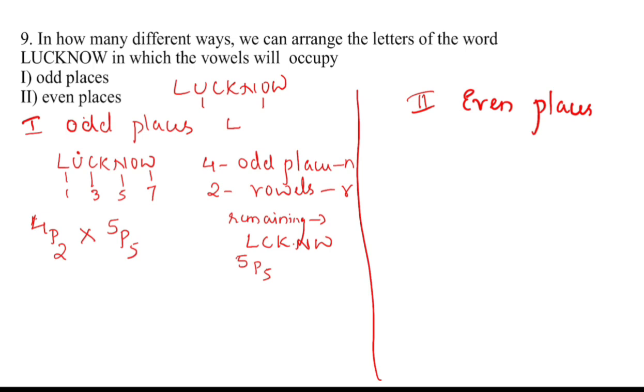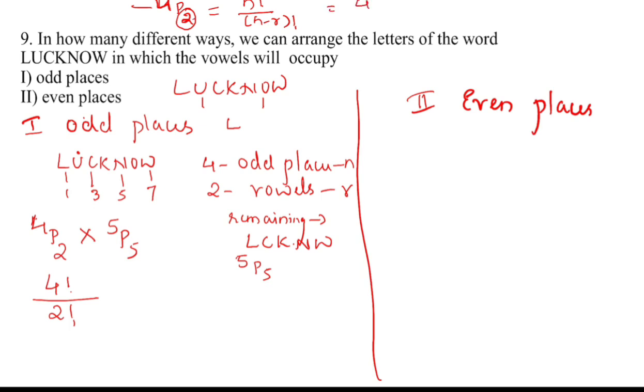So therefore 4P2 is nothing but 4 factorial divided by 2 factorial. So always remember, when we have to write this in terms of n factorial divided by n minus r factorial, whatever number is here, extend the 4 only till as many numbers as there are, and keep the other number as it is.